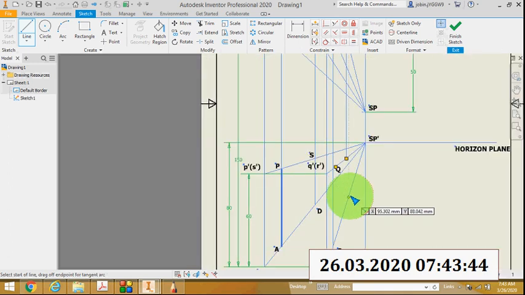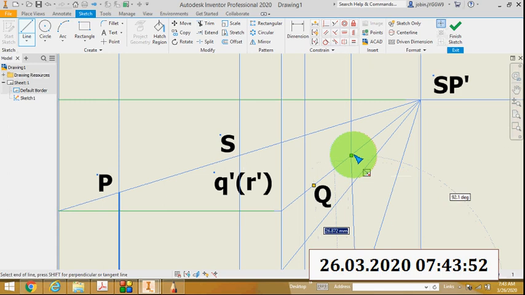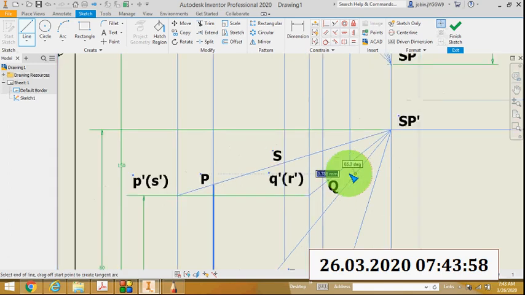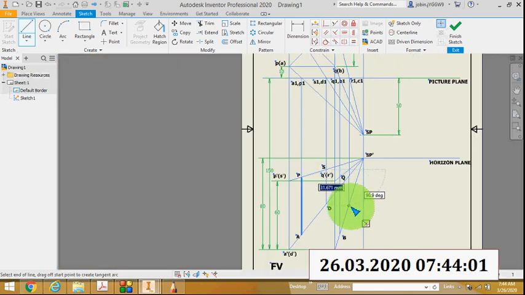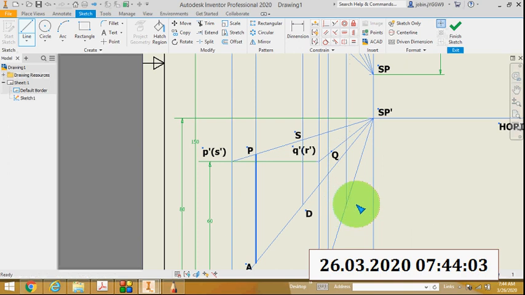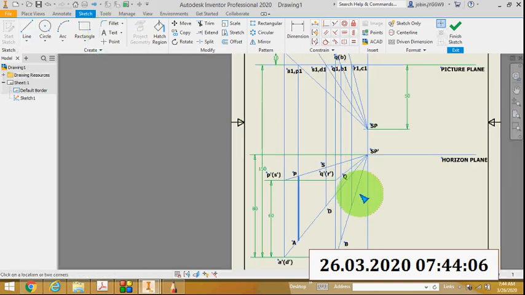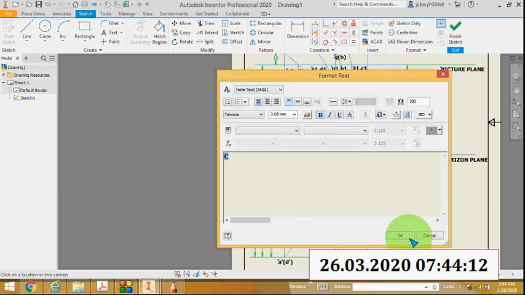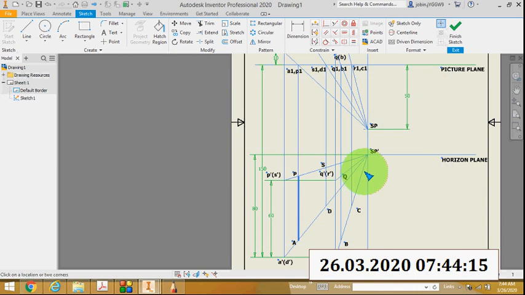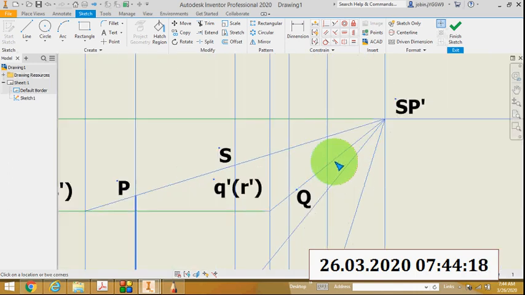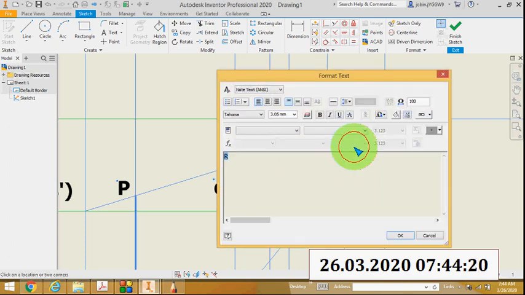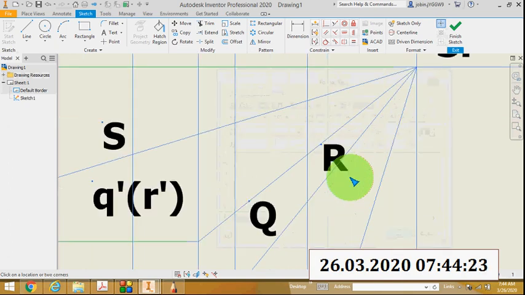So this point is C, and this point is R. You will get all the points.